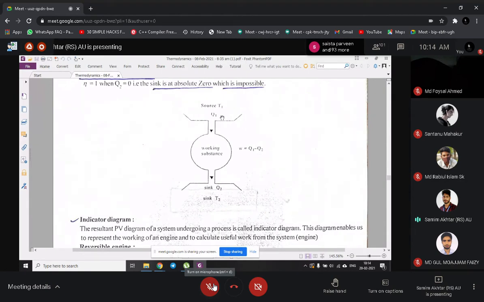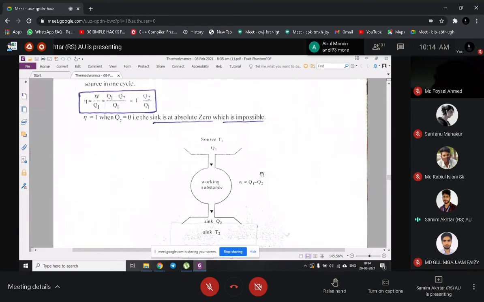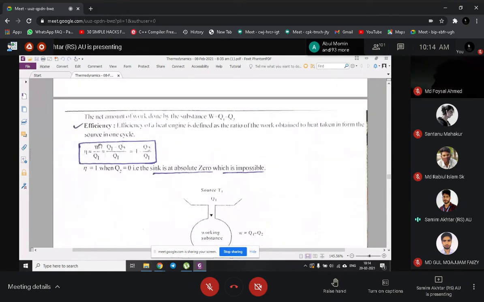Because the amount of heat from the source is Q1, and the amount of heat to the sink is Q2, the work done is the difference, Q1 minus Q2. The efficiency of the heat engine is the work done by the substance divided by the heat from the source.